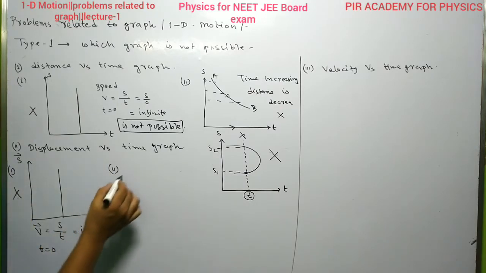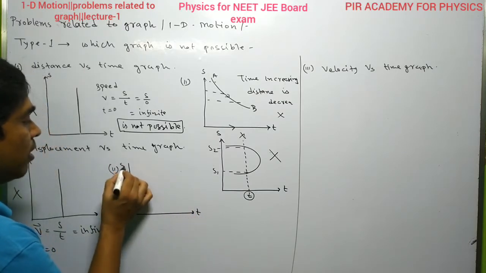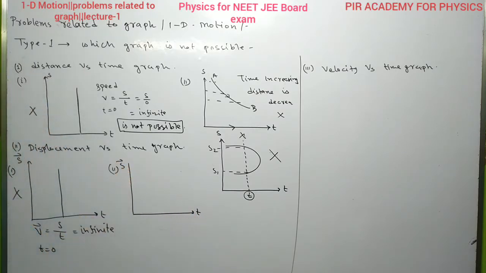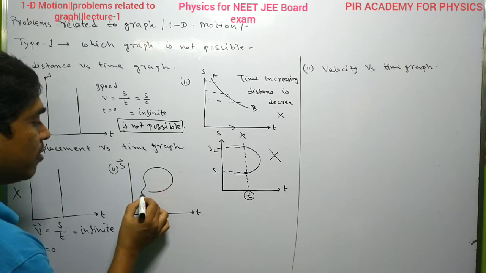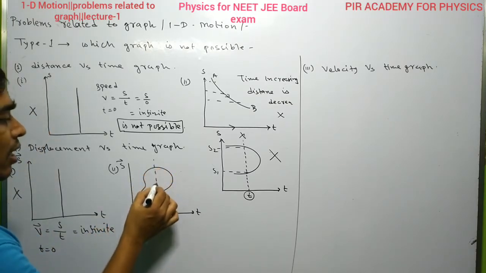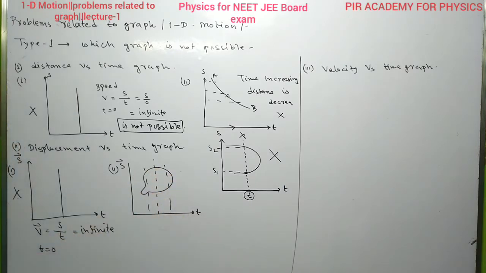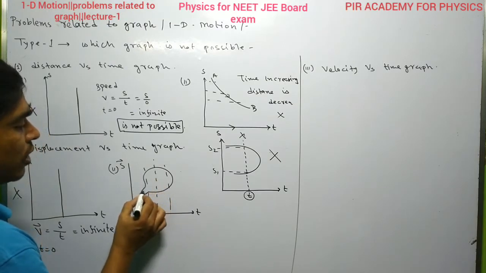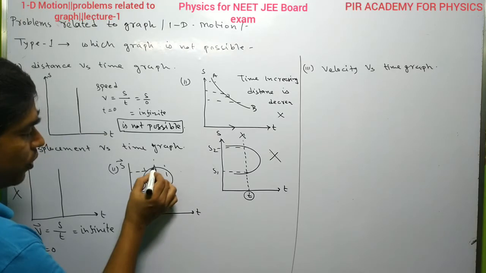If I draw the displacement versus t graph like this, this is not possible because at every instant of time it has two positions.